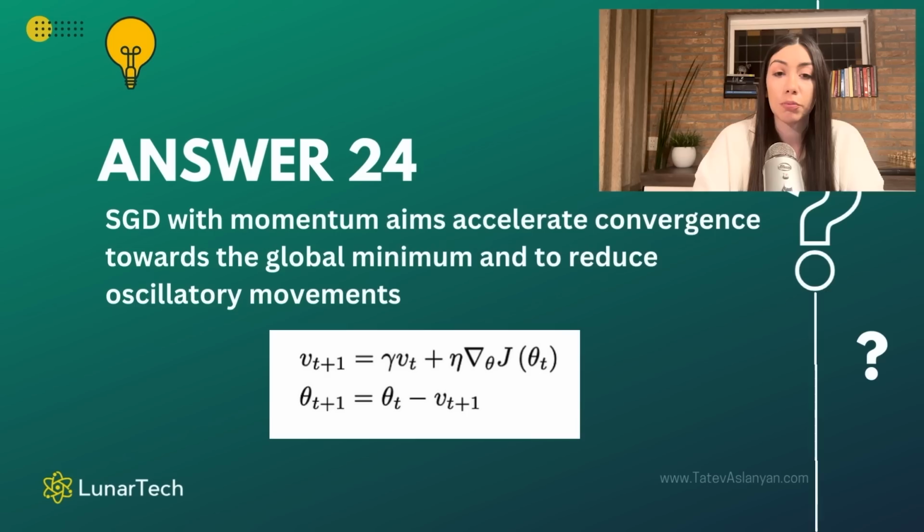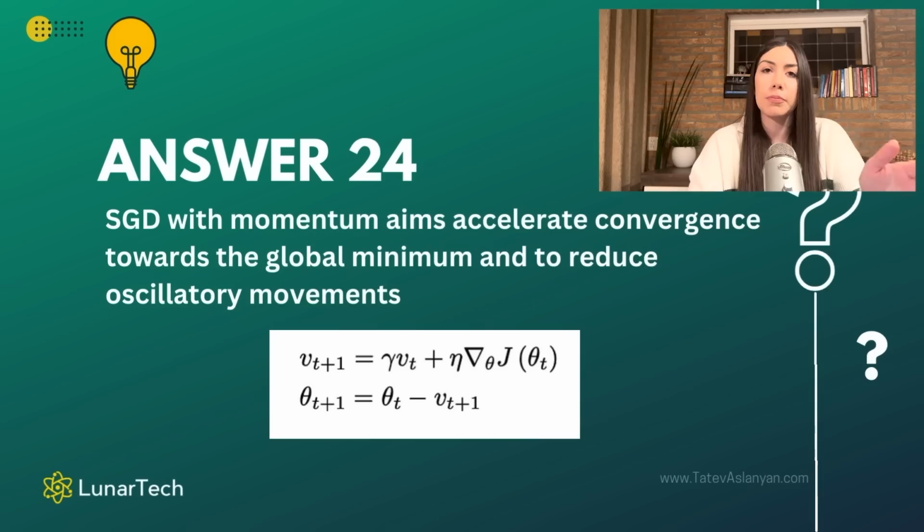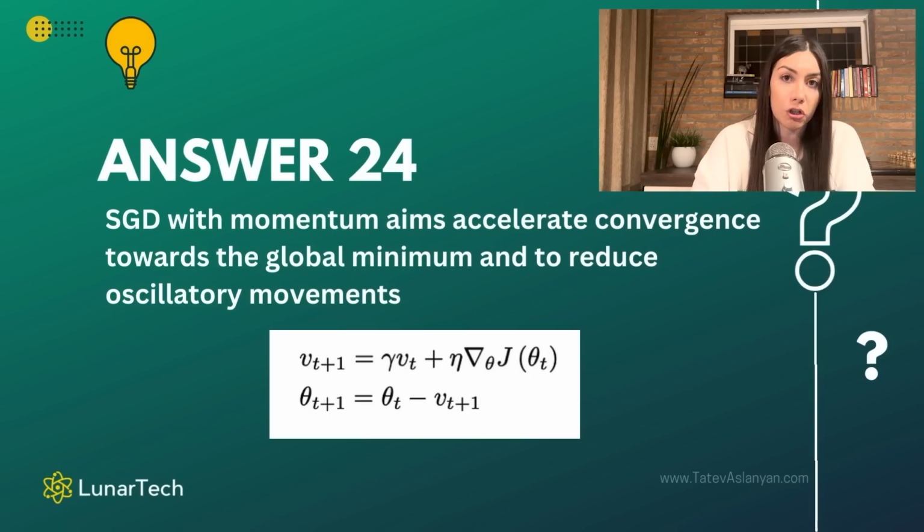The way SGD with momentum does this is that it introduces the idea of momentum. Momentum is basically a way to put the optimization algorithm towards a better direction and reduce the amount of oscillations, so the amount of these random movements.